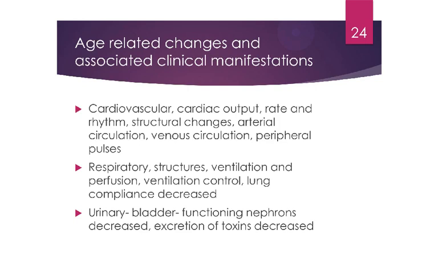We can often have an increased ventilation perfusion mismatch when we age, and the lung compliance is decreased as well. So from a urinary perspective, the functioning nephrons in the kidney are actually decreased, which reduces the excretion of toxins from the kidneys.